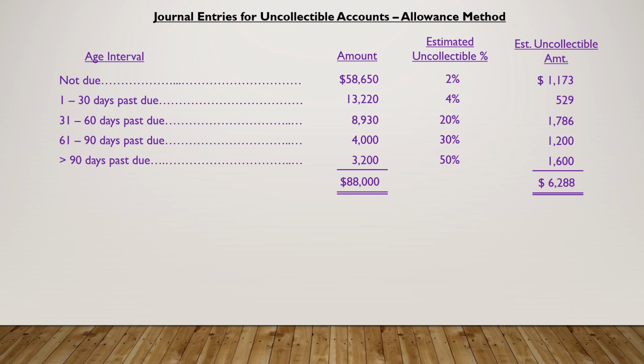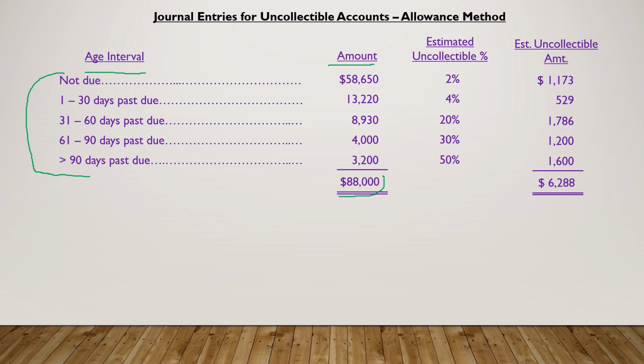At the far left column, you see the age intervals for how long past due an AR amount may be. The second column breaks out the total AR balance into those intervals.